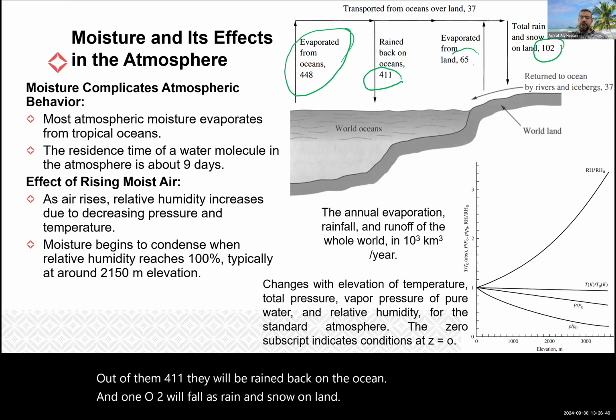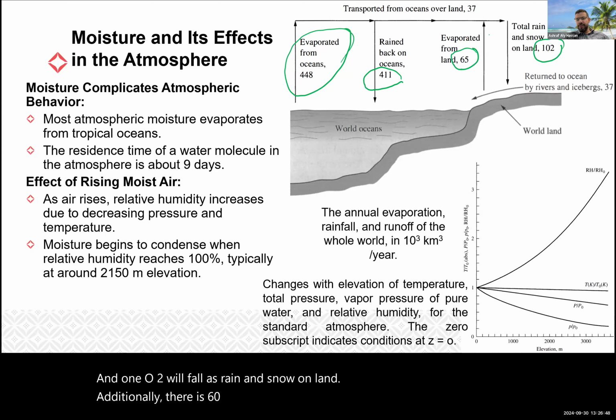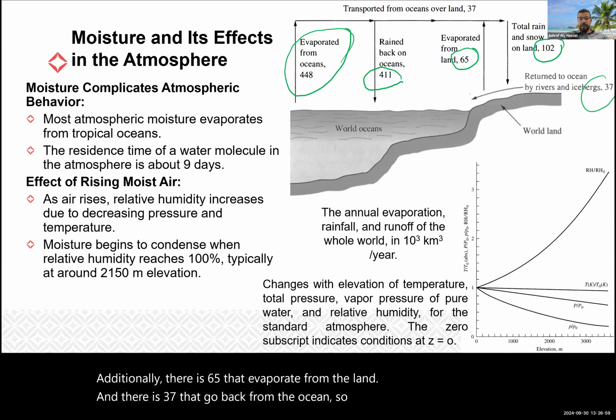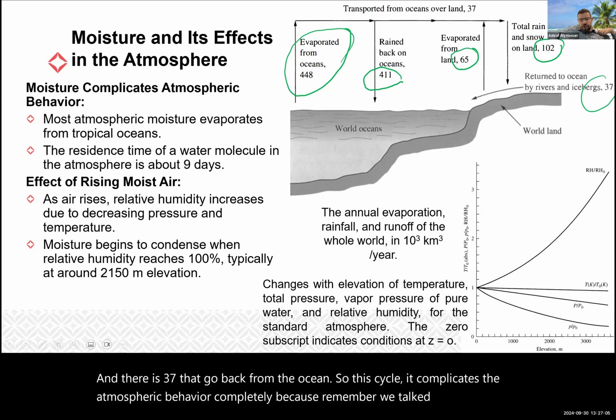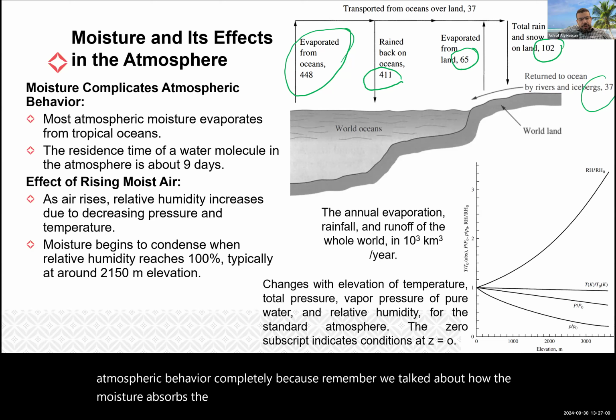Additionally, there is 65 that evaporate from the land, and there is 37 that go back from the ocean. So this cycle complicates the atmospheric behavior completely, because remember, we talked about how the moisture absorbs the infrared and it changes the lapse rate significantly.